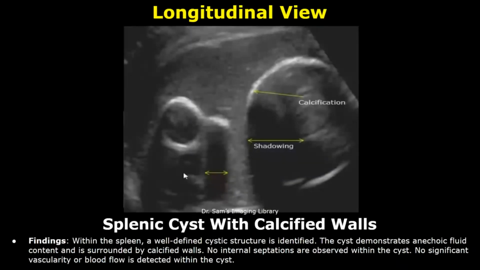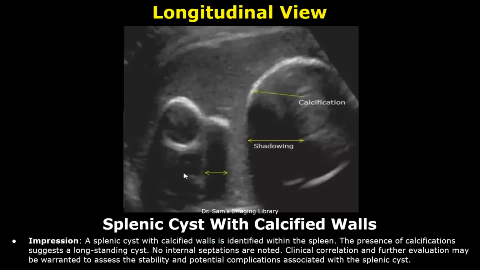Here is a splenic cyst with calcified walls. In the findings, a well-defined cystic structure is identified. It demonstrates anechoic fluid content and is surrounded by calcified walls. No internal septations are observed within the cyst. No significant vascularity or blood flow is detected within the cyst.